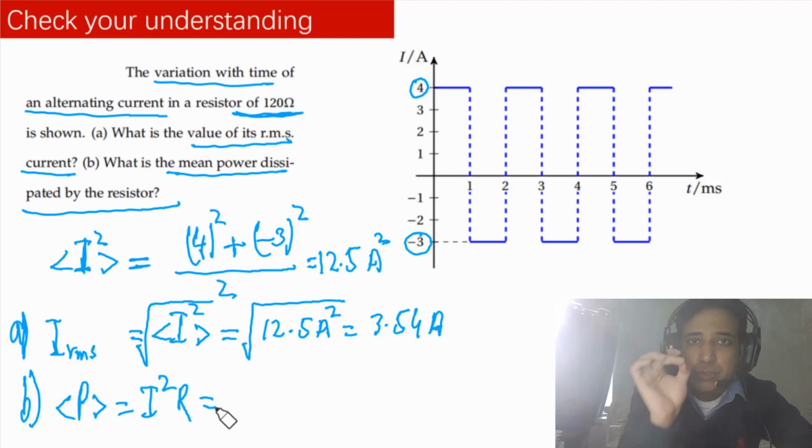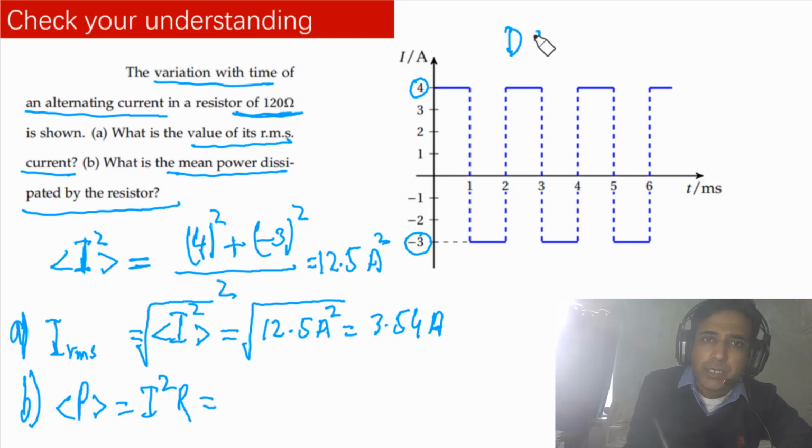Now we need to understand what happens when we compare DC with AC. Let me write a very important concept: here we have DC, and here we have AC. If we compare these two, what value of AC do we have to use?